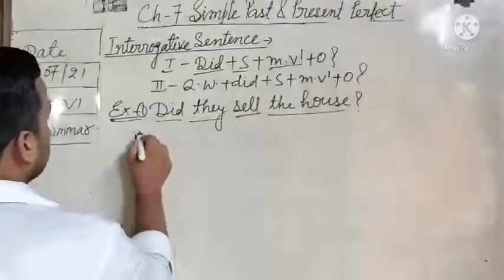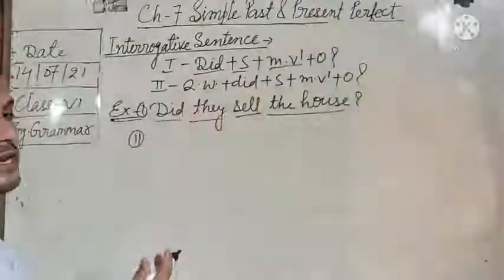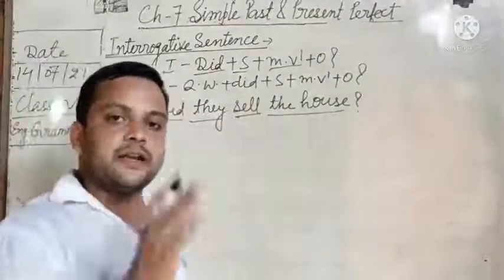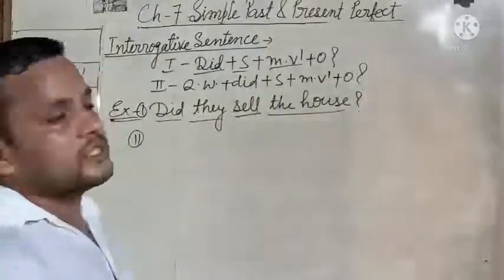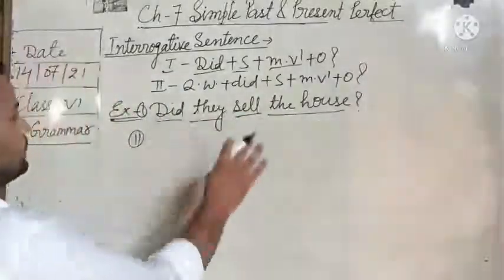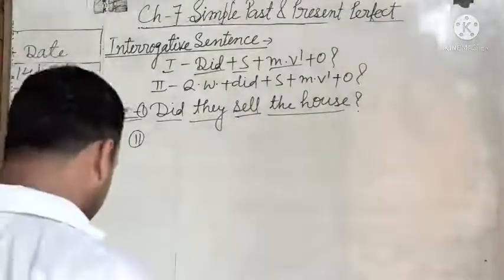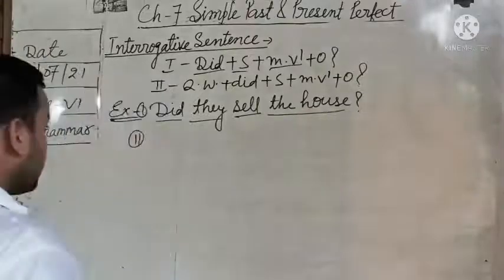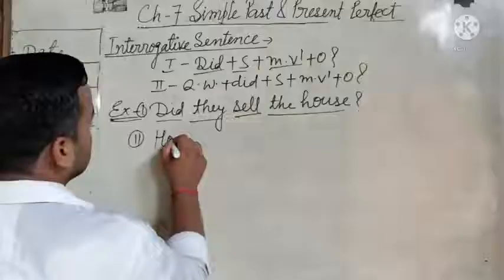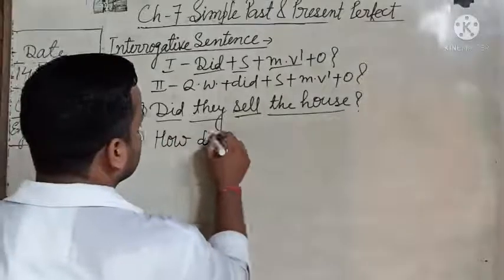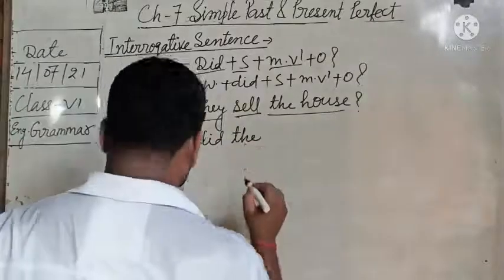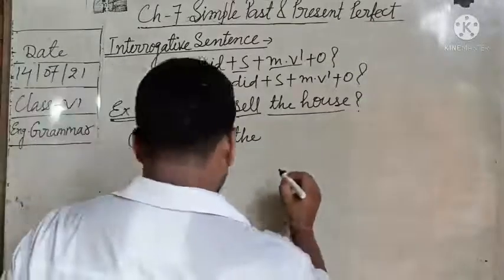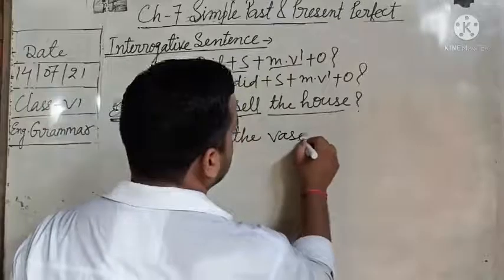See the second one. When there is any question word, then it will be written first. After that, we will follow the first type's sequence. Okay? How did the vase break?